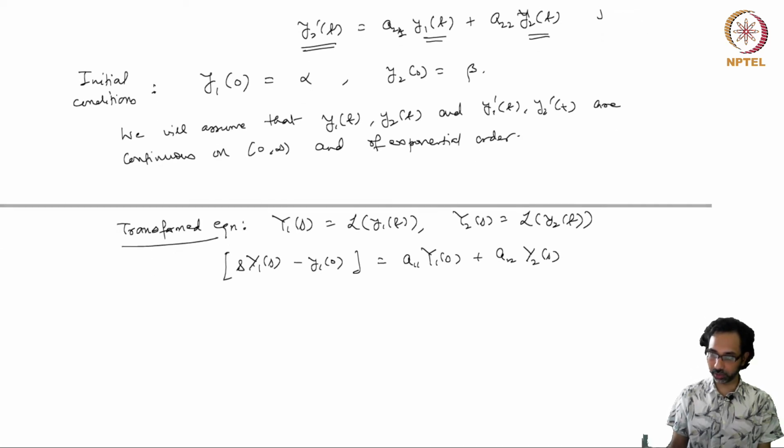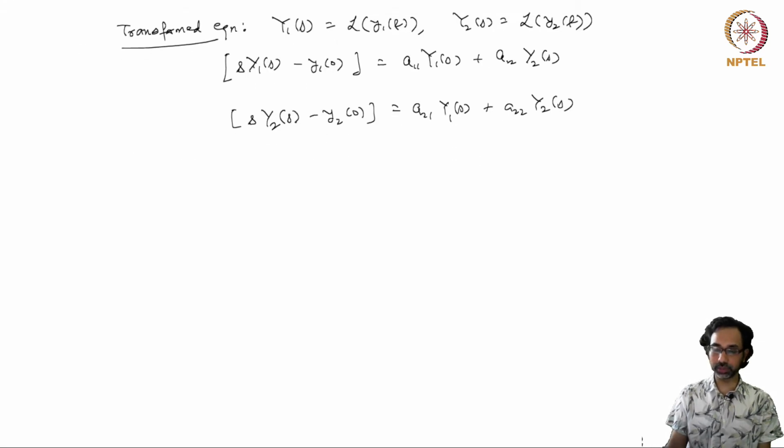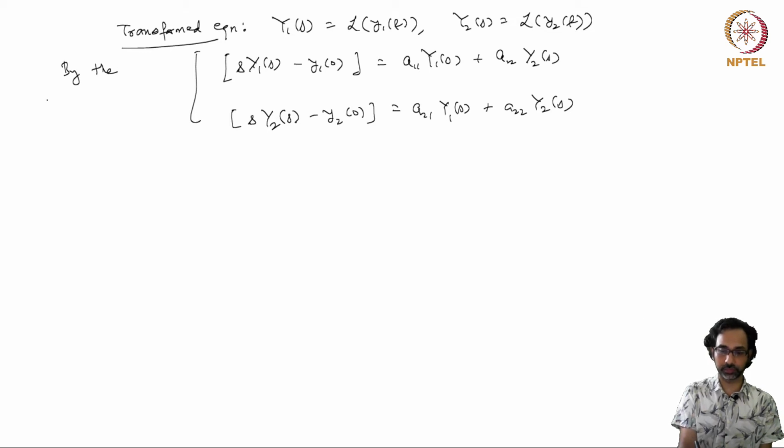Similarly, for the second equation we get sY2(s) minus y2(0) equals a21 Y1(s) plus a22 Y2(s). Simple enough. This is just by the derivative theorem.